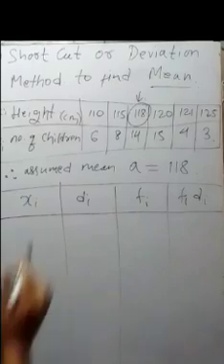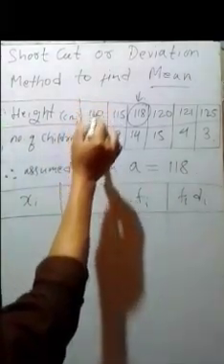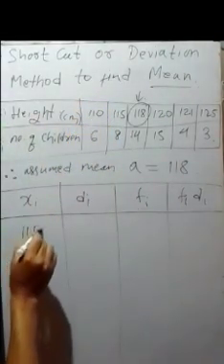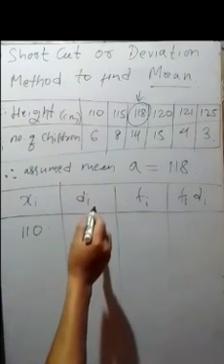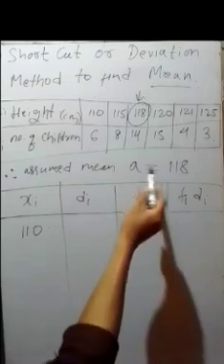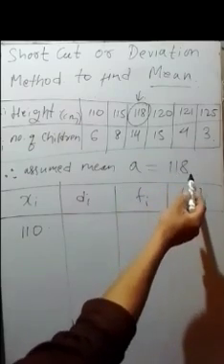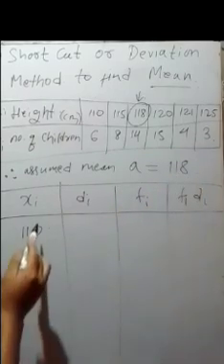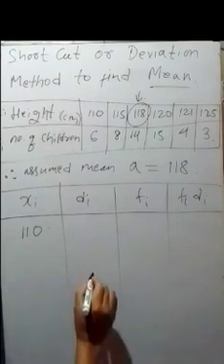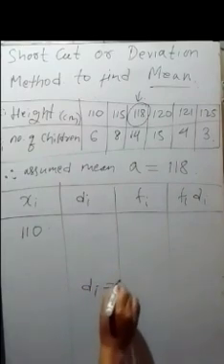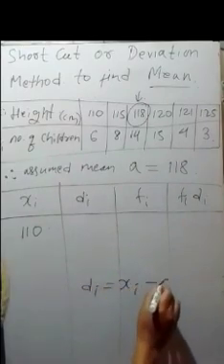Now the first x1 is 110, and deviation di. What is the assumed value? Assumed value is 118. Clear? Where x1 is 110. Now our formula is di equal to xi minus a.